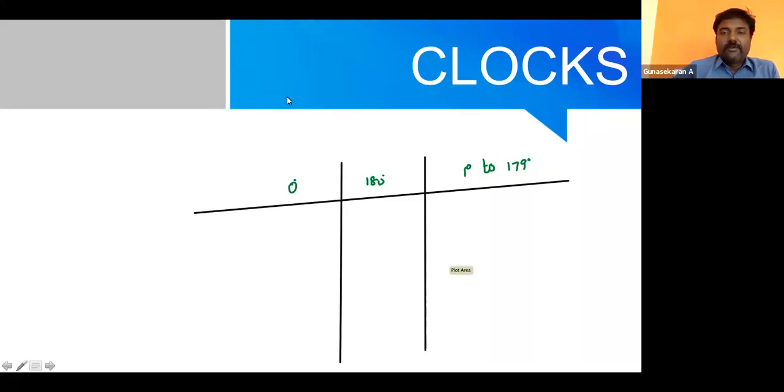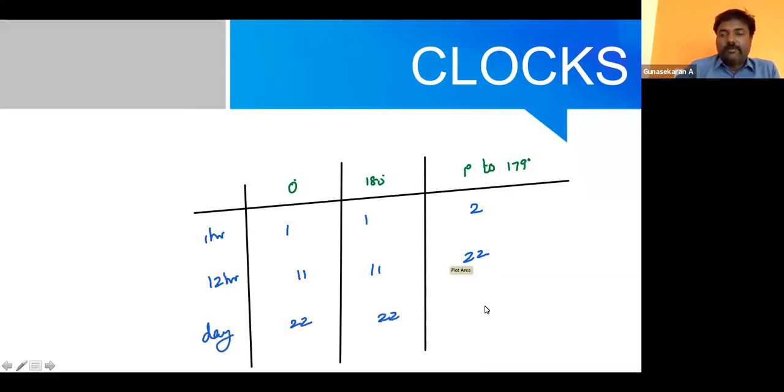This is the final formula. 1 hour, once, twice. 12 hours, 11, 11, 22. In a day, 22, 22, 44. 1 degree to 179 degree. For all the angles, this is the formula. Final formula. That missing is because of, we know that now.